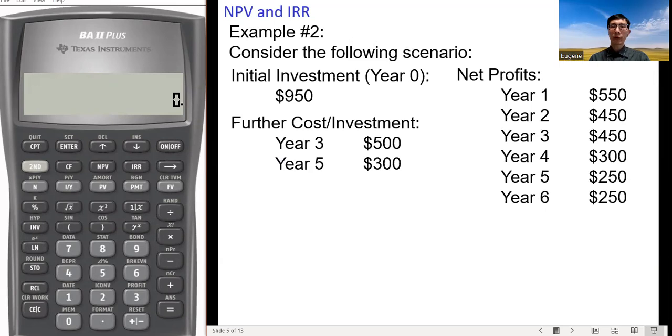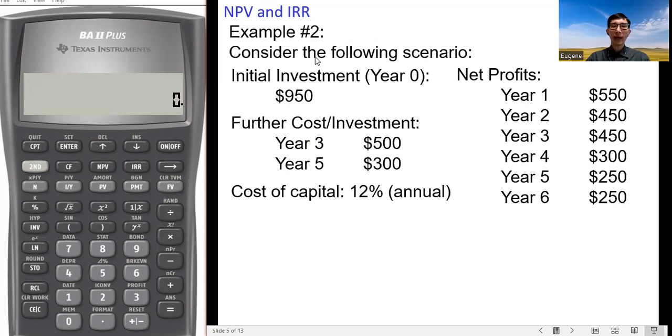And a series of net profits are realized. Year 1, 550, year 2, 450, etc., until year 6, 250. The cost of capital is 12% per annum.